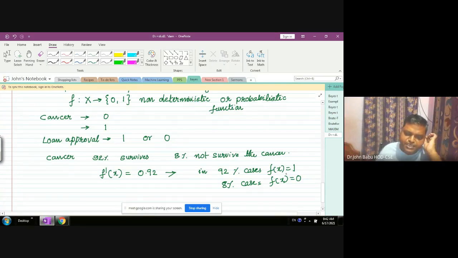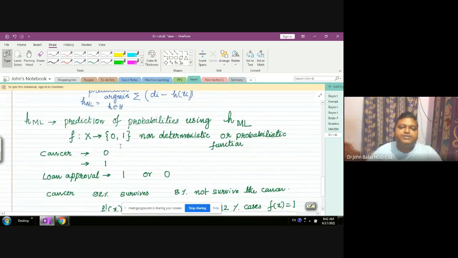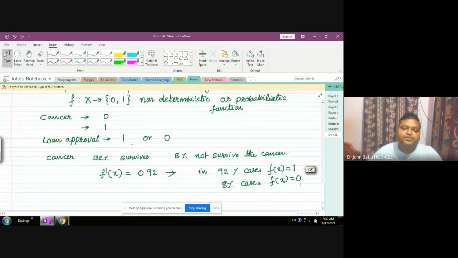So to develop a learning problem for this type of situation where the target value is either 0 or 1, even if we have some unpredictability, like only 92% of cancer patients will survive, in 92% the target value is 1 and in the remaining the target value is 0.